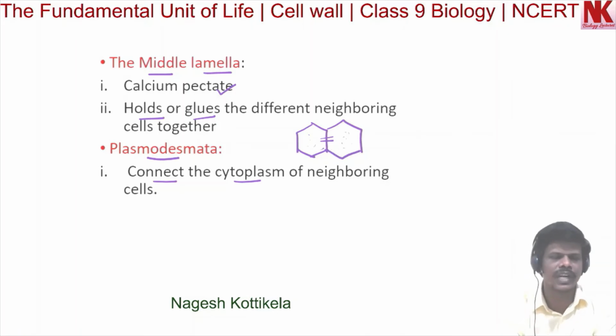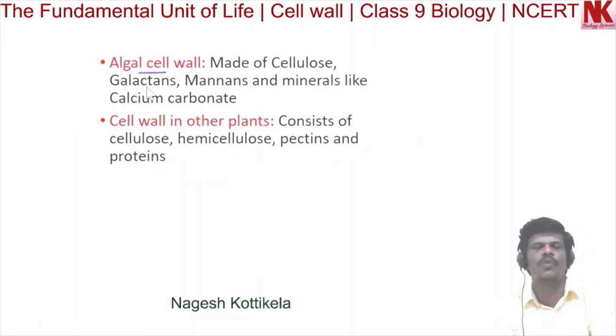Now moving to the next, algal cell wall. Algal cell wall is made up of cellulose, galactans, mannans and minerals like calcium carbonate. So these chemicals are present in the cell walls of algal cells.